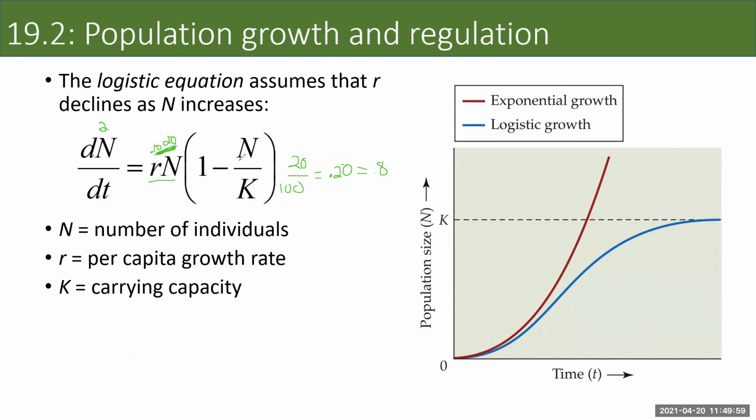Okay, so now you're multiplying 2 times 0.8, right? And so that will give you, let's go ahead and do that. I'm bad at math. Let me get my calculator out real quick. So, right, 0.2 times 0.8 is 0.16. Okay, and so you're adding 0.16 individuals.